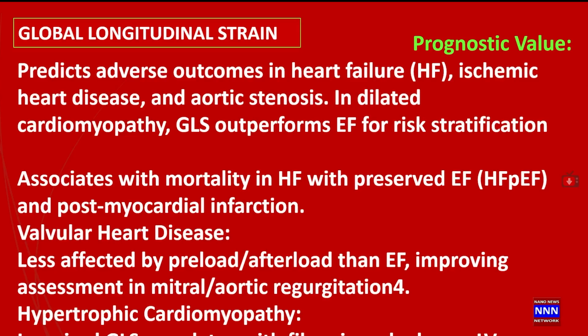So if we have a patient with hypertrophic cardiomyopathy or patients who have aortic stenosis, people who are on chemotherapy, it is imperative to do the GLS because this will serve as a much better parameter in follow-up studies to say who is at risk of developing more significant cardiovascular problems down the line. It is associated with mortality in heart failure with preserved ejection fraction.